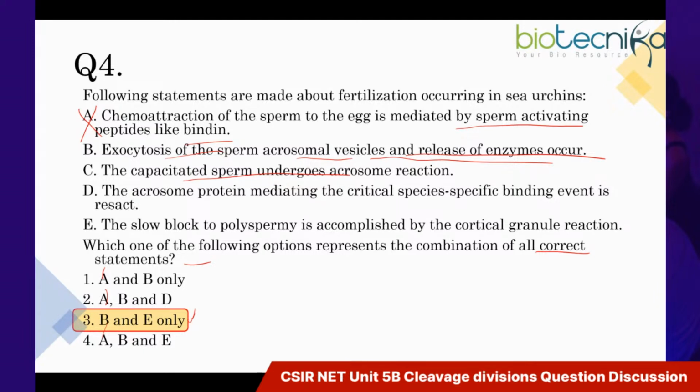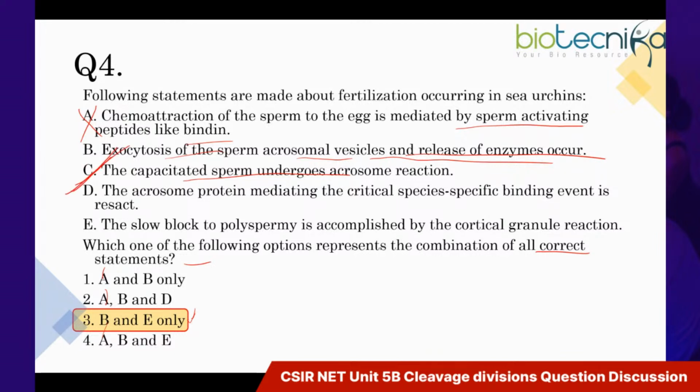Yes, because the sperm undergoes maturation only when it is inside the female reproductive tract. That is in mammals. So there they will undergo capacitation, after which their outer membrane becomes a little unstable. And that is how the acrosome will be able to drain its contents. Only the capacitated sperm can undergo acrosome reaction.